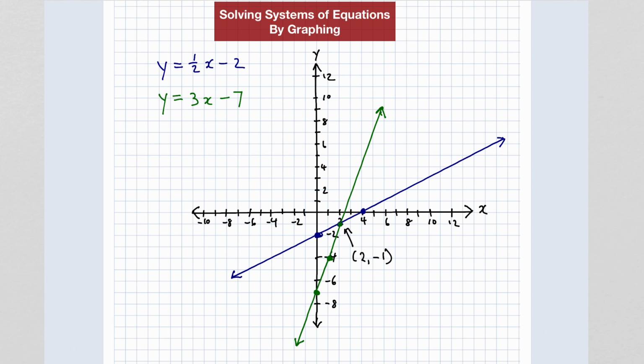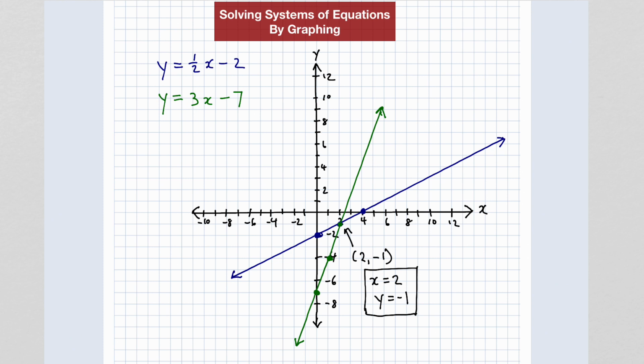Then we know that our x is equal to 2 and our y is equal to -1. And this is our solution to these two equations, or to this system of equations. Okay, so in this example, we have one solution to this system.